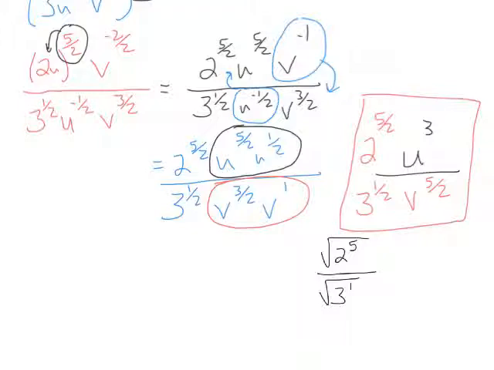And we could think of that as the square root of, what is 2 to the 5th? 2, 4, 8, 16, 32. So the square root of 32 thirds times u to the 3rd over v to the 5/2.